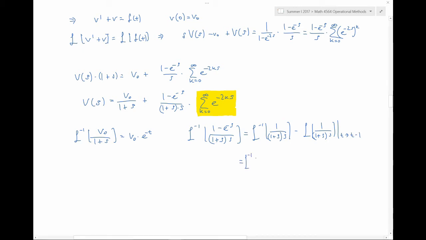The inverse Laplace transform of 1 over 1 plus s times s is the inverse Laplace transform of 1 over s minus 1 over 1 plus s.